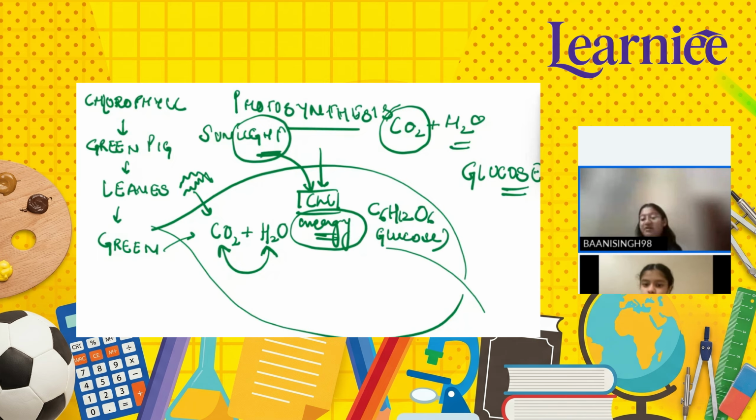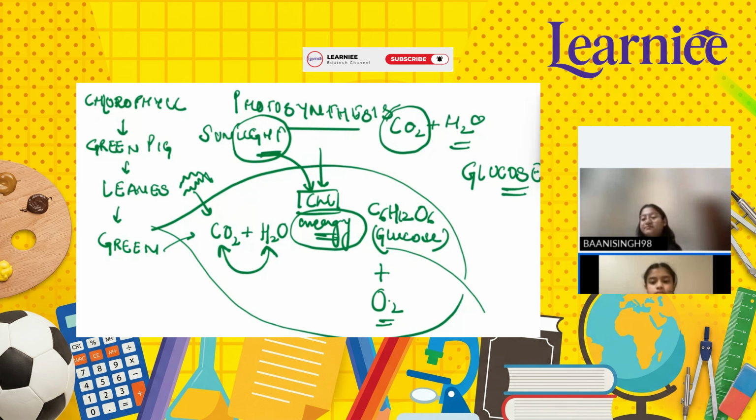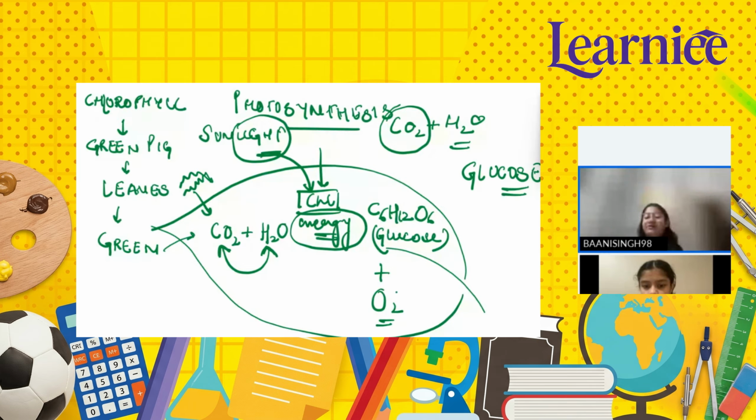This is the formula for glucose. And along with this, oxygen is released into the atmosphere, which is utilized by other animals. Whatever glucose has been formed is utilized by the plants themselves, and it also serves as a source of food for other animals like we human beings.